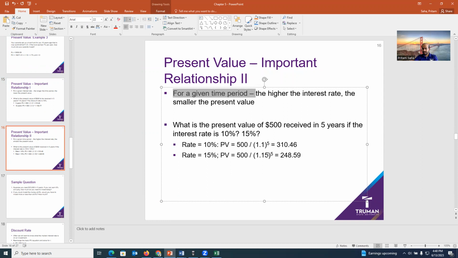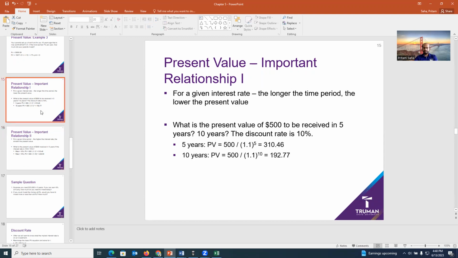Makes sense, because a higher rate makes the discount factor larger, so the present value is less. Intuitively, if the interest rate is higher, you're losing the opportunity to earn more return.